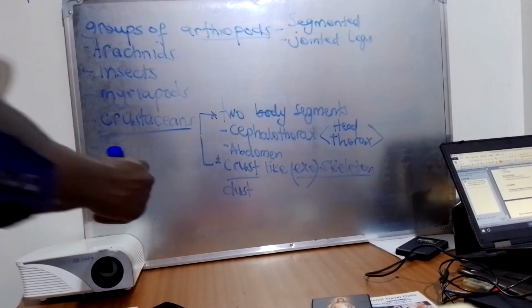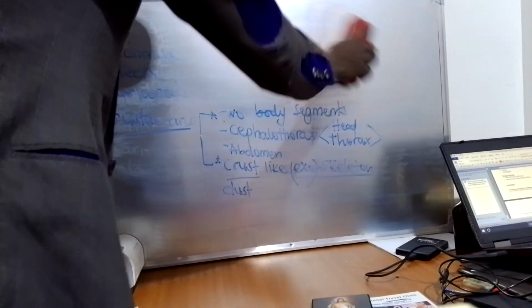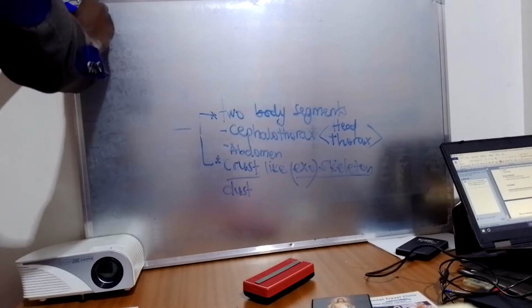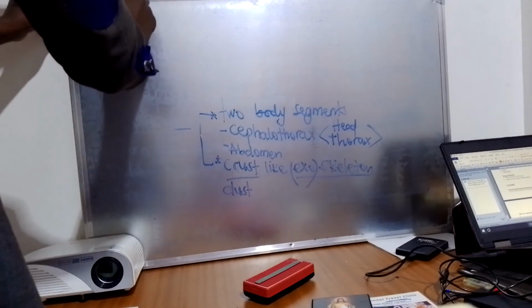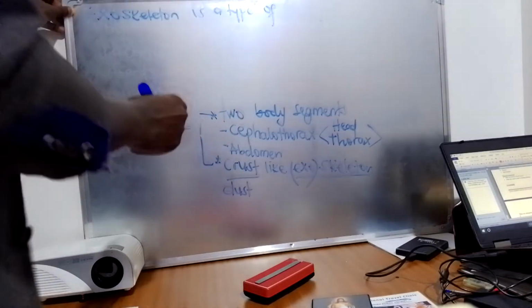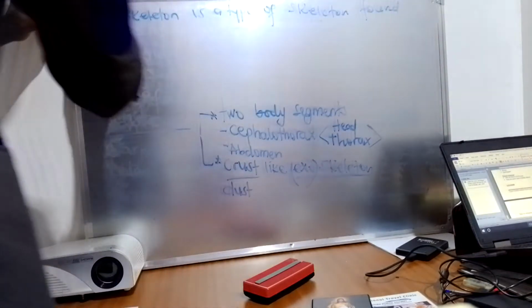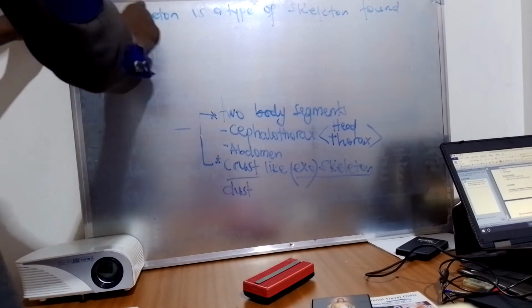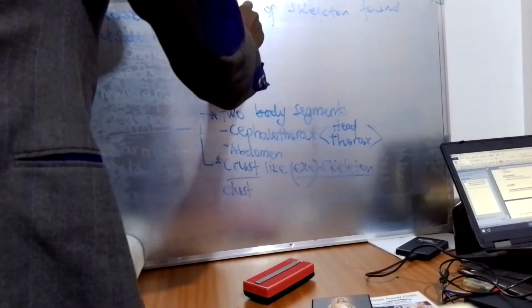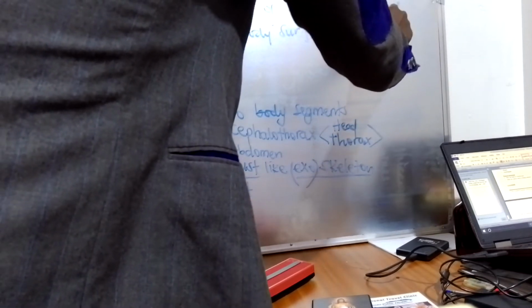If I can help you define exoskeleton, I can say exoskeleton is a type of skeleton found outside, on the surface of an organism, on the body surface of an organism.